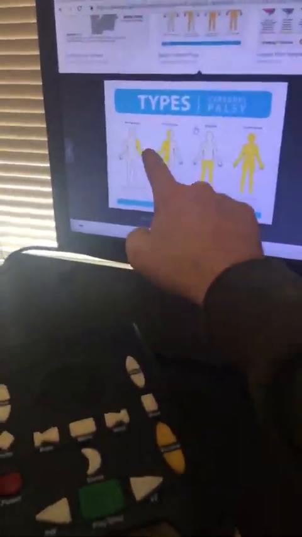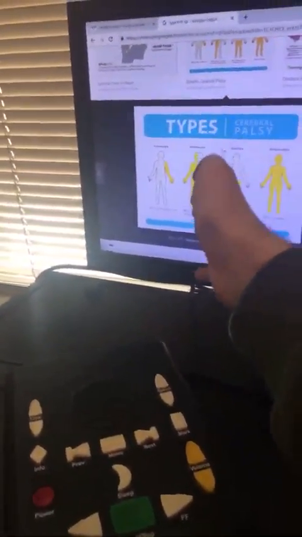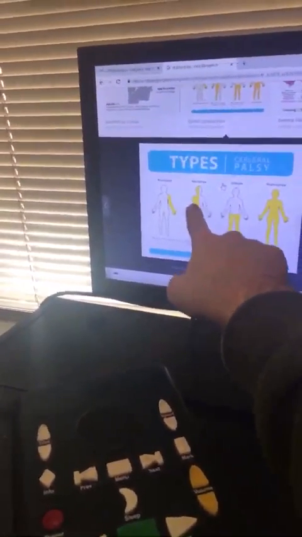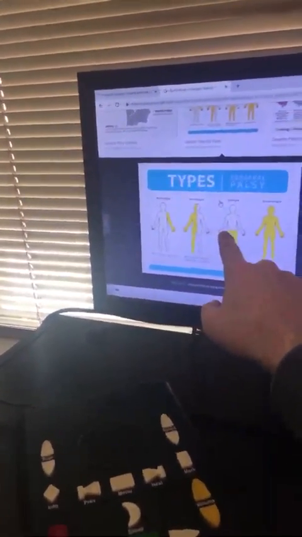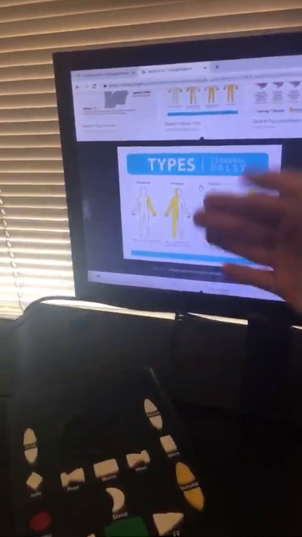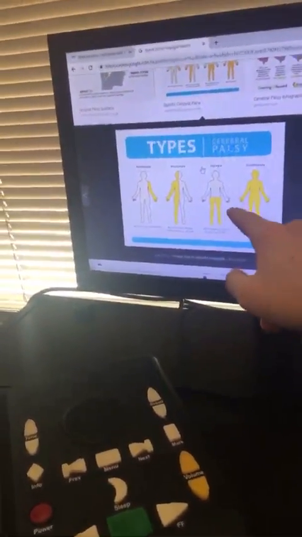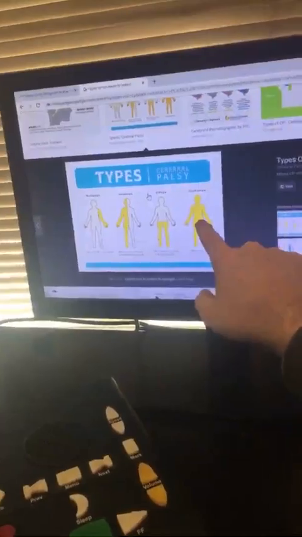I never heard of monoplegia, but monoplegia is just one limb. Hemiplegia is if you split your body in half, only one side is affected. Diplegia is when another side is affected, and then quadriplegia, all four limbs are affected.